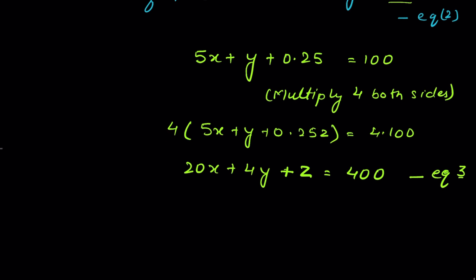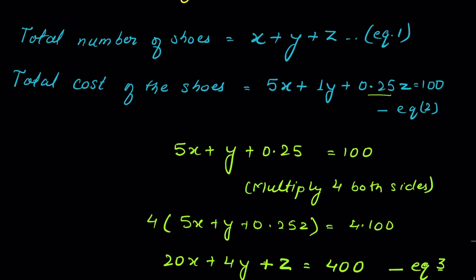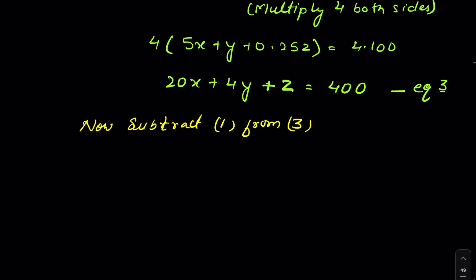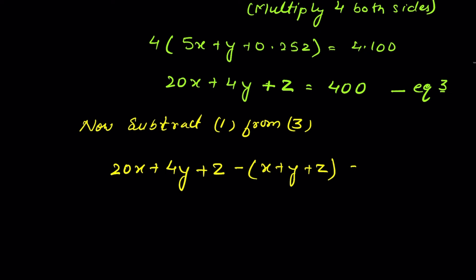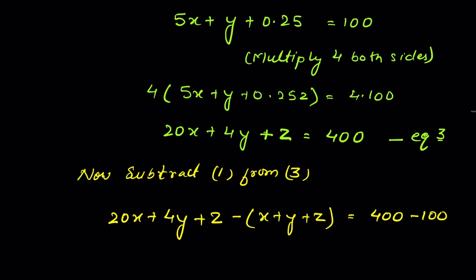Now subtract 1 from 3. Equation 1 is x plus y plus z, and equation 3 is 20x plus 4y plus z. So 20x plus 4y plus z minus (x plus y plus z) equals 400 minus 100, because we subtract both the left hand side and the right hand side.